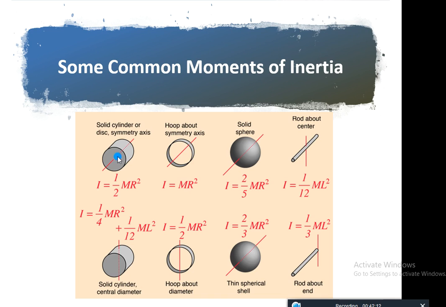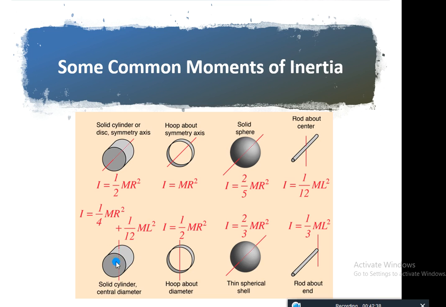Now in this case we have a solid cylinder again, but the axis is shifted. The axis is not the symmetry axis, but a central diameter. In this case the inertia will be 1 by 4 times mr square plus 1 by 12 times ml square.